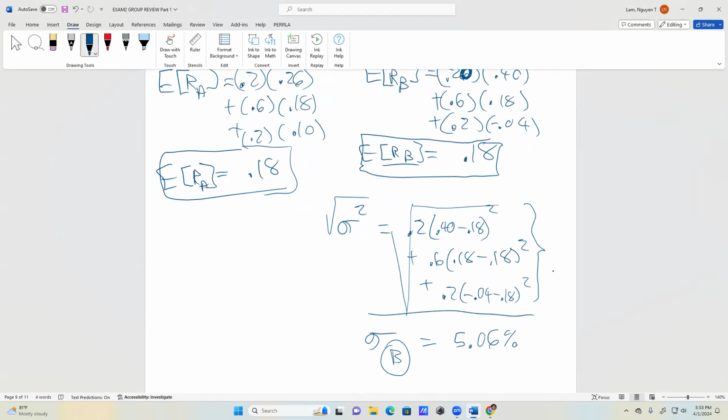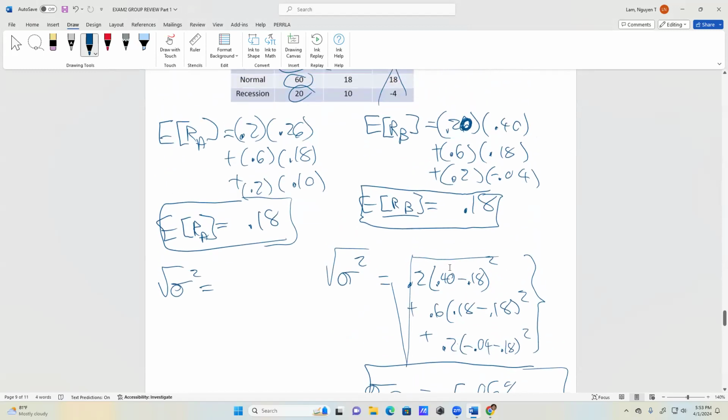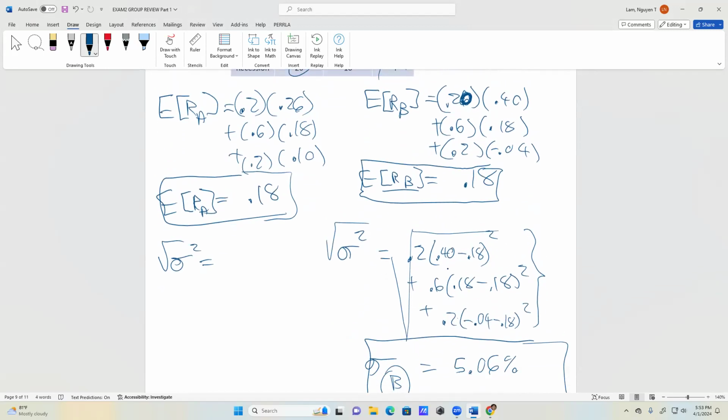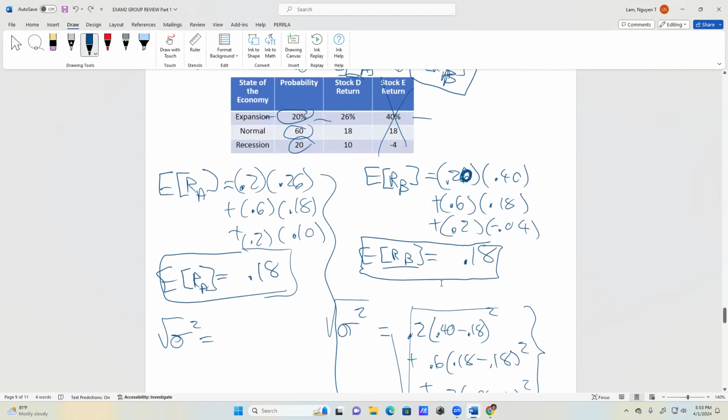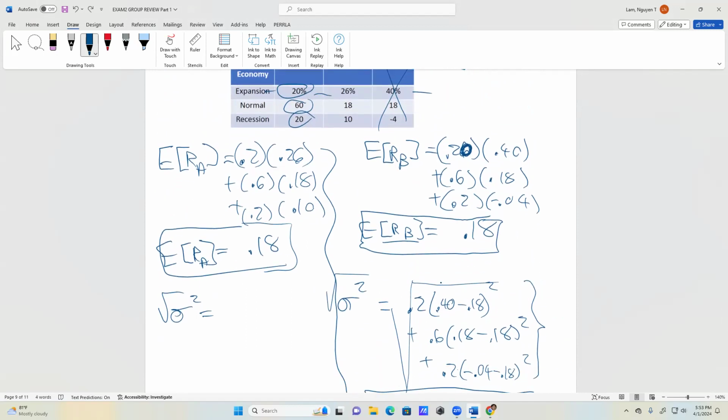Now we have to find the standard deviation of the ER of stock A. So the same thing, just the same as how you apply it on the right side, right here, you do it to the left side. So let's do it together. Probability. Remember, looking at the formula, which one do you use? You use the one that has probability and one stock only. So first probability is 0.20.